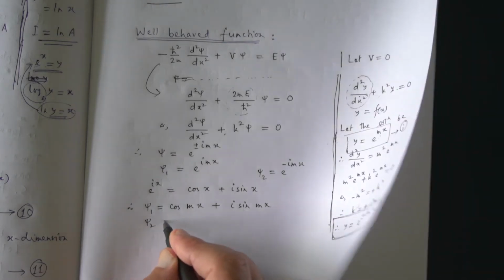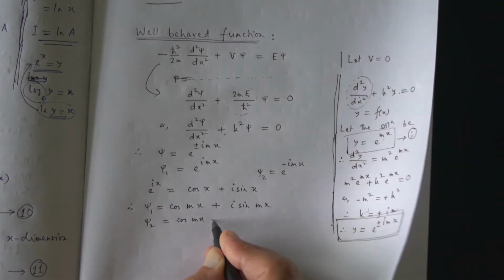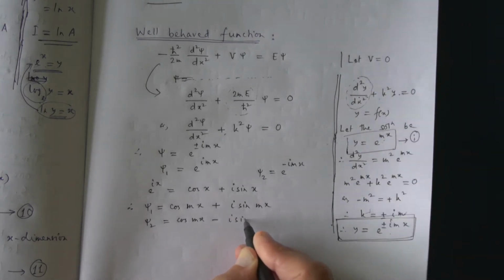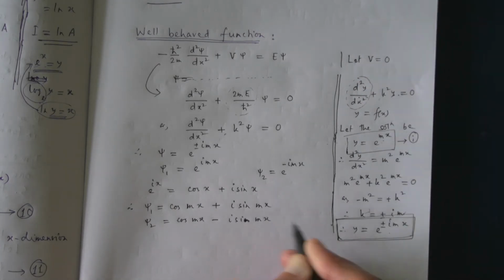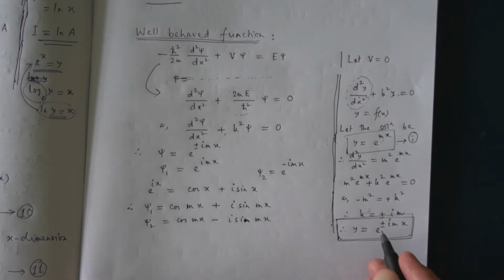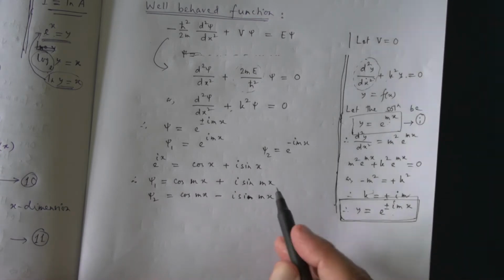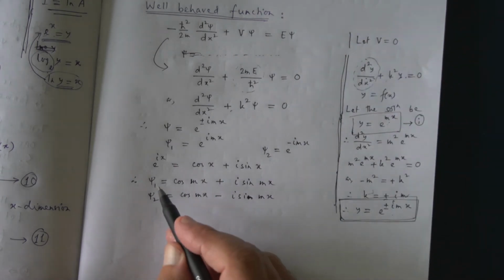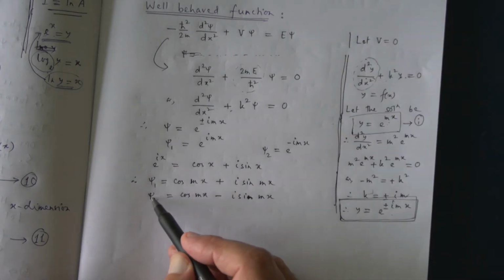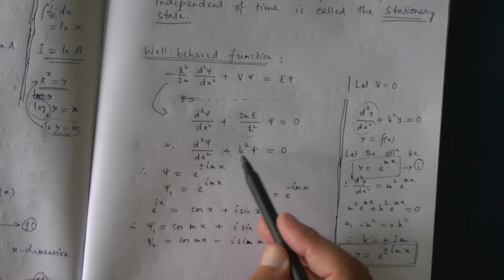Similarly, psi 2 will be equal to cos mx minus i sin mx. So these are the two solutions to this equation.